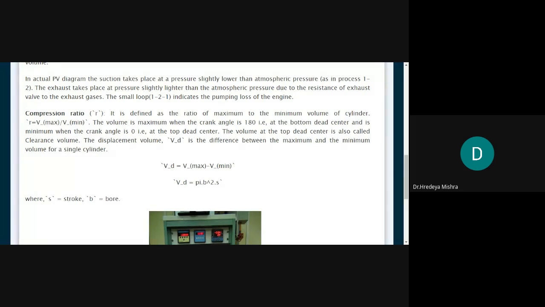The small loop 1 to 1 indicates the pumping loss of the engine.